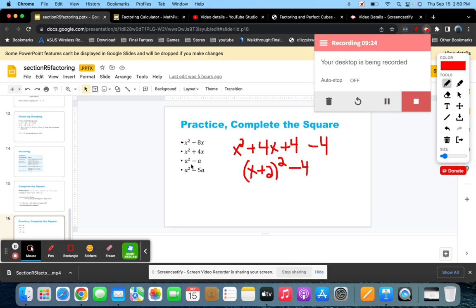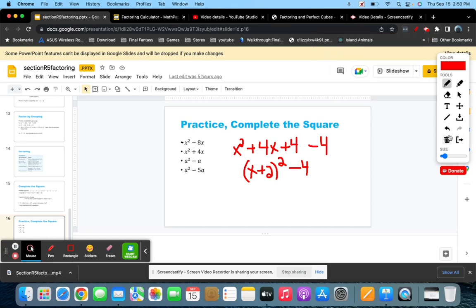Let's see. Similarly for this one, a squared minus a. Well, the coefficient is 1 right there. And so if you take half of 1, that's 1/2. And then if you square it, that'll be 1/4.